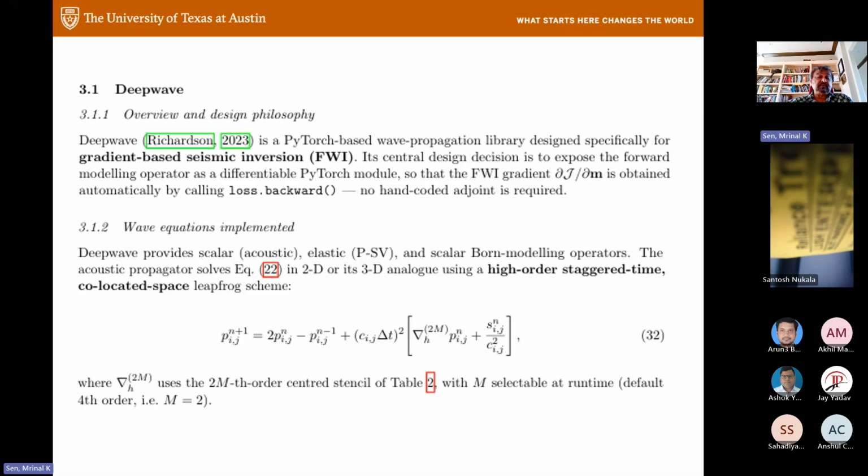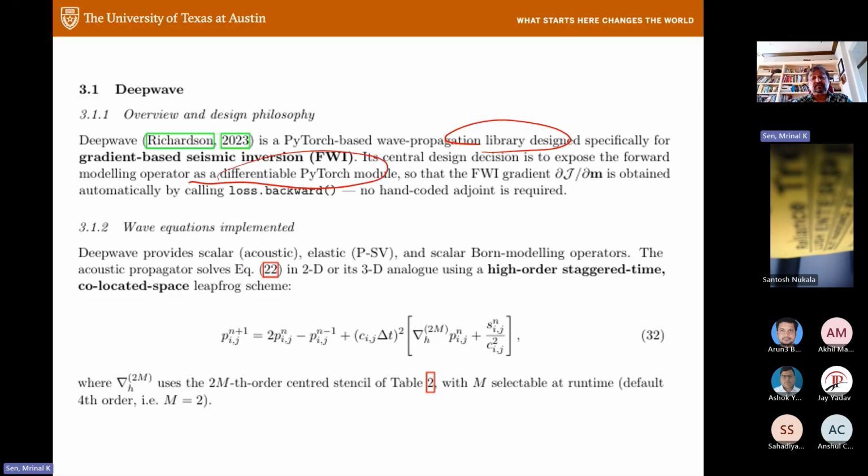So in DeepWave, the overview of the design philosophy is that it's a PyTorch-based wave propagation library, and this is designed specifically for FWI. There are quite a few options for running it for FWI, and its central design decision is to expose the forward modeling operator as a differentiable PyTorch operator.